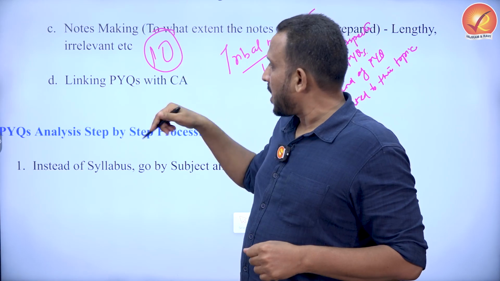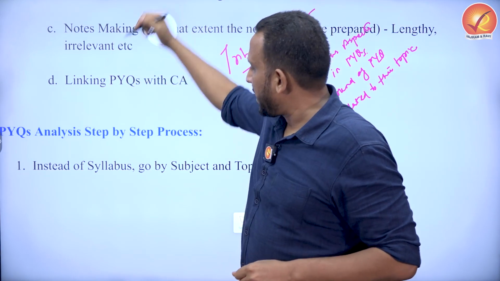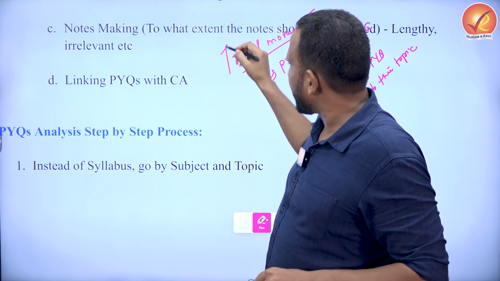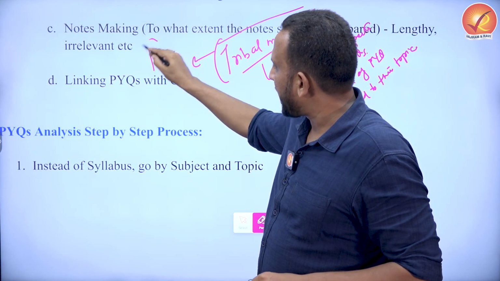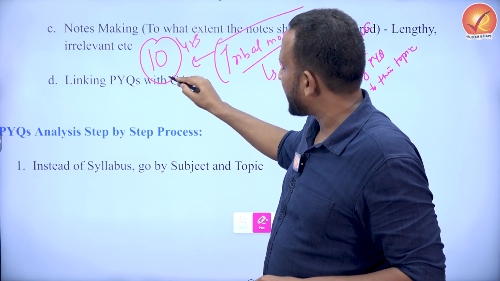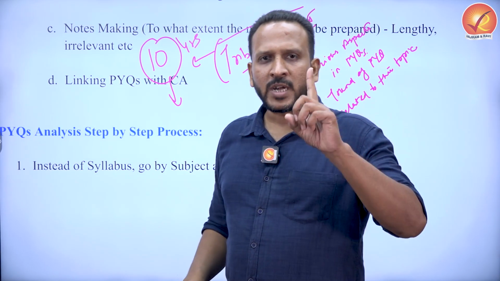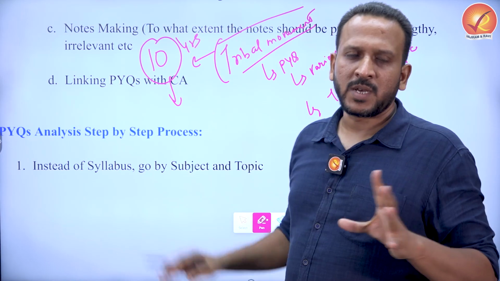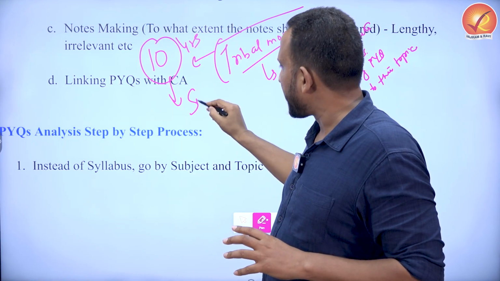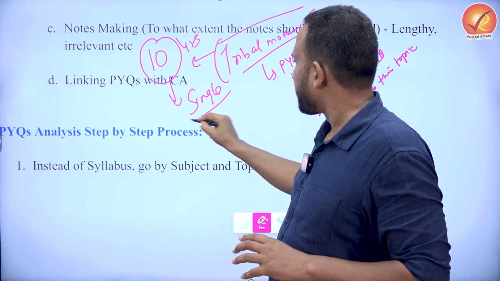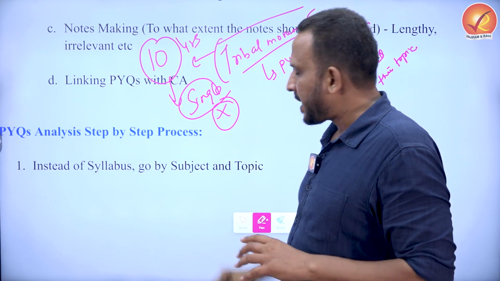So now the question is, I'll see. The topic is tribal movement. If you refer to the last 10 years of previous year's questions, there is not even a single question from the tribal movement. Now what will you do?